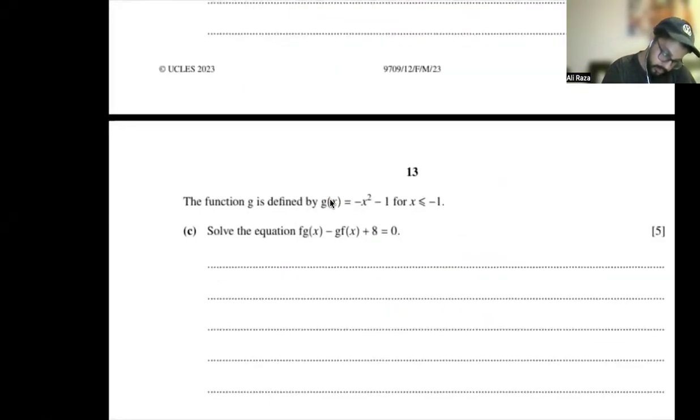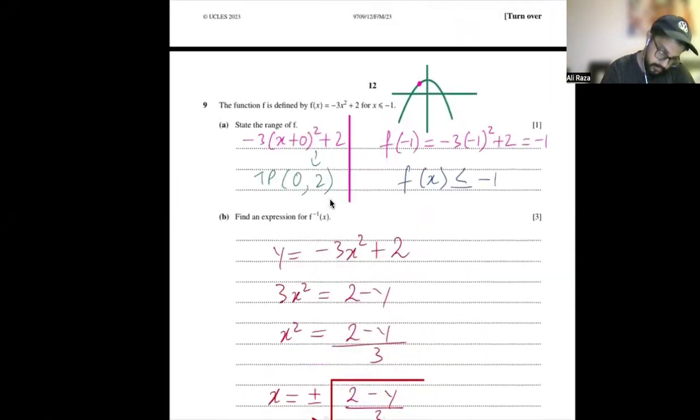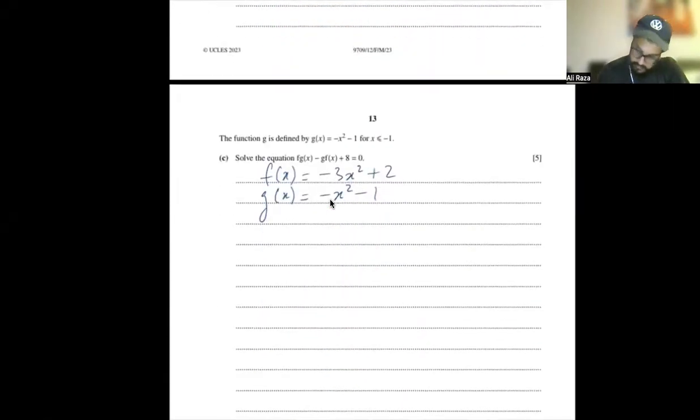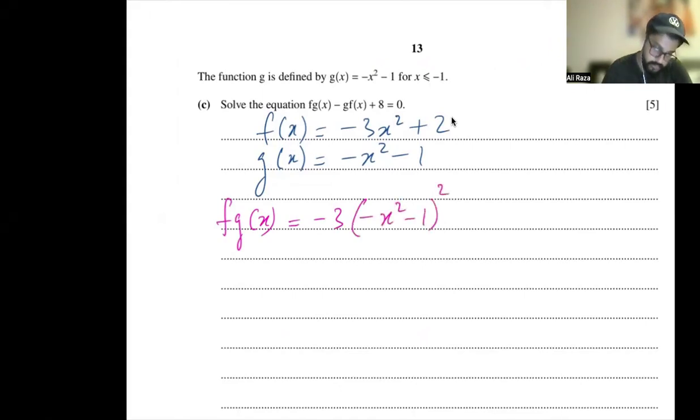So let's write f of x over here as well. f g x means that we're plugging in the function g in place of x in the function f. So minus 3 bracket minus 1 whole squared plus 2.